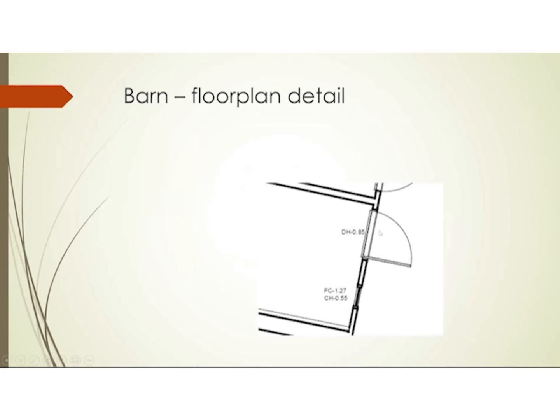The surveyor, or the processor from the survey, might add additional information in text format, such as door height is 0.85 meters, or floor to ceiling height 1.27 seems a little low, but possibly, and sill height is 0.55. So just be aware of those little codes and the extra information it's providing.